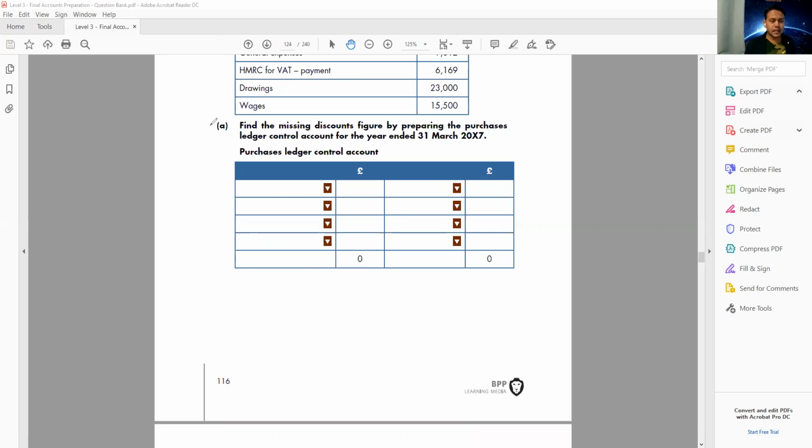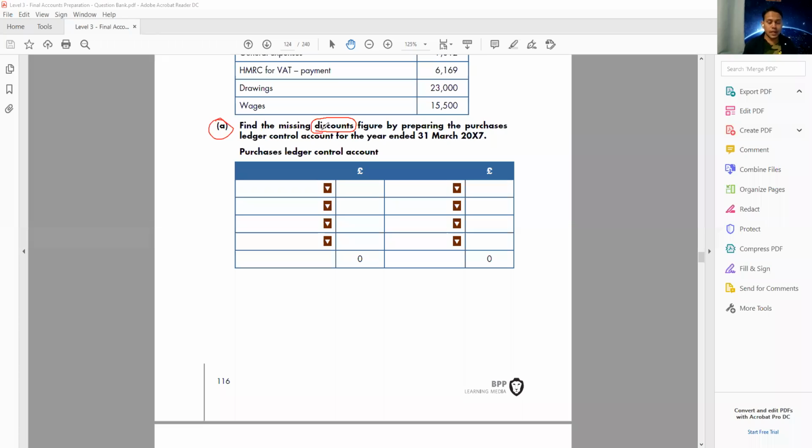Here, they said, find the missing discount figure. So they're asking to find the discount. Read this question very carefully. I've seen students become so confused that they don't know what they're looking for. But the question will tell you exactly what you're looking for.